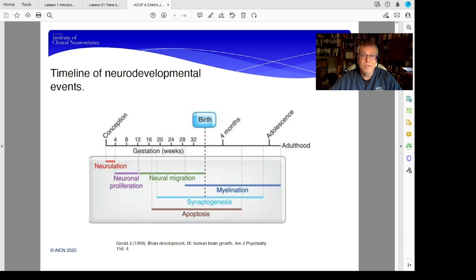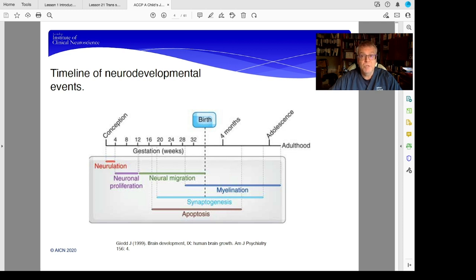And where they stop in that migration, we think is genetically pre-programmed. However, there are some studies that show it's environmentally induced by the glial cells that are surrounding and guiding the neurons to their final targeted resting place, where they will form a functional network.